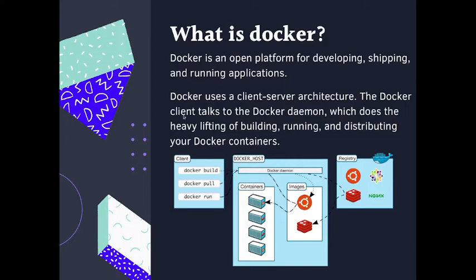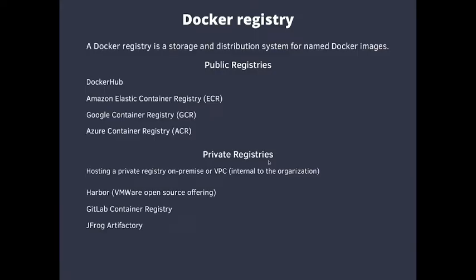The client talks to the Docker daemon, and the Docker daemon does all the things, including building, running and distributing Docker containers. The Docker daemon also talks to whatever Docker registry we are logged in to or have credentials for on our Docker daemon host. Here you can see. And then we'll see what is a Docker registry.